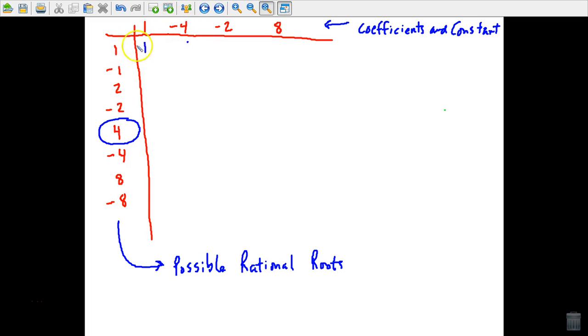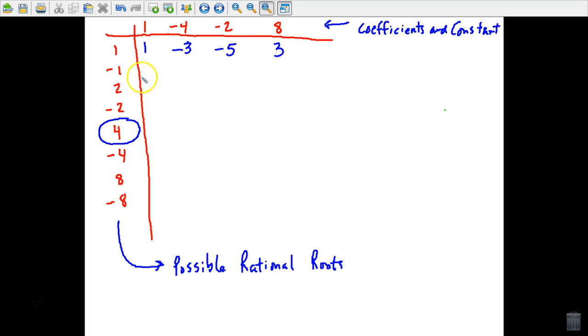So I'm going to do the product of 1 and 1 plus negative 4, and that's negative 3. Okay, now the process repeats. Negative 3 times 1 is negative 3, and negative 3 plus negative 2 is negative 5. Okay, negative 5 times 1 is negative 5, and negative 5 plus 8 is positive 3.